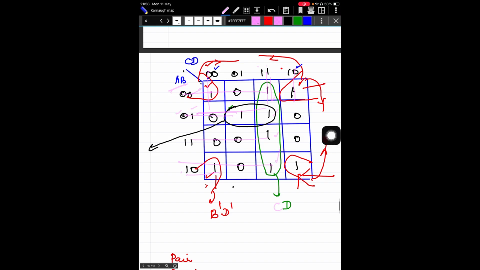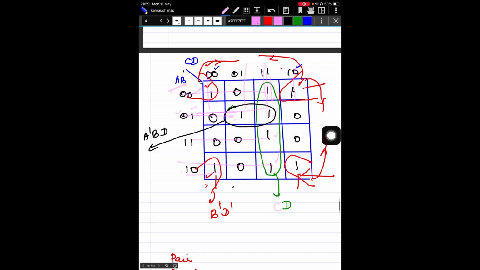It's the same for both the boxes in the group. I'll project it column wise. In this column, C is 0 and C is 1. They are not common, whereas D is 1. It's common. So what will be the name of this black group? Black group will be A dash B D. Am I right?